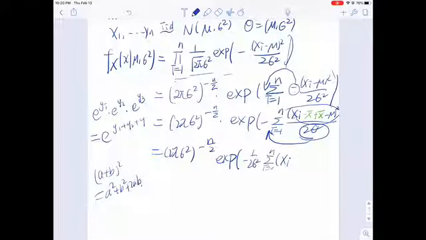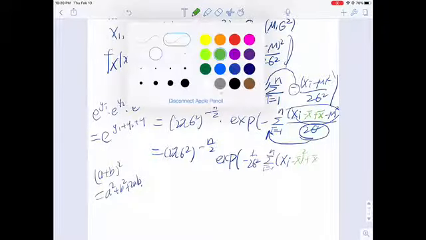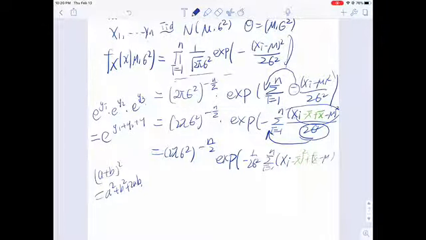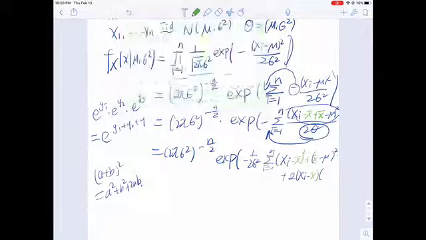So (xi minus x bar) squared plus (x bar minus mu) squared plus the middle term 2 (xi minus x bar) times (x bar minus mu).